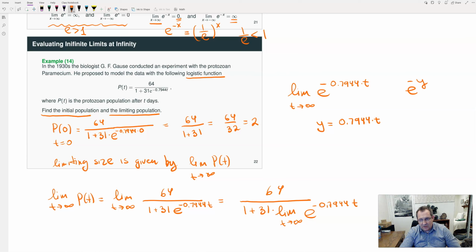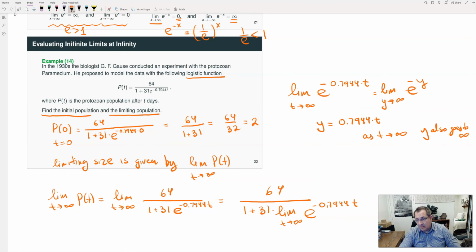Okay, so let us notice as t goes to infinity, y also goes to infinity. Because y is just a multiplication by 0.7944. When t goes to large numbers, y will become a large number. Therefore, it is safe to conclude that we are looking at the limit as y goes to positive infinity.